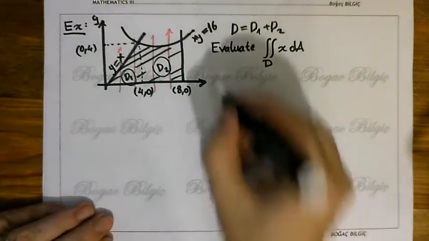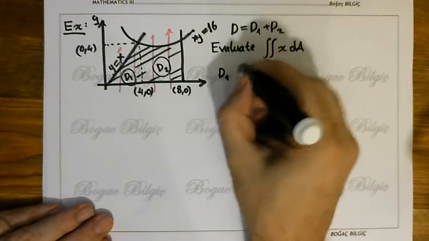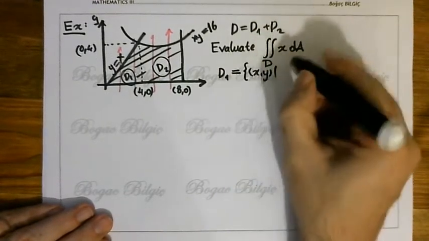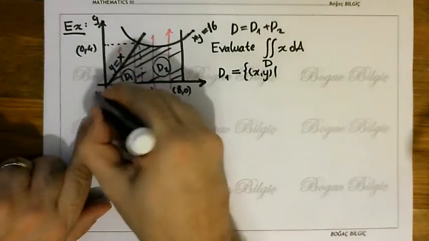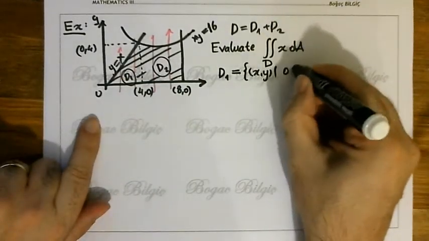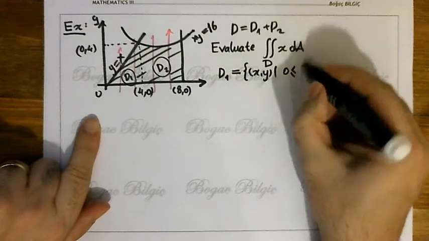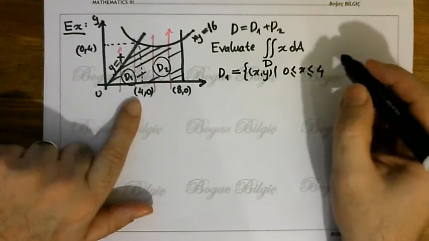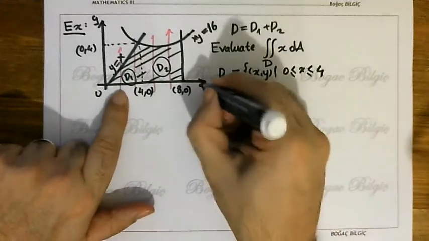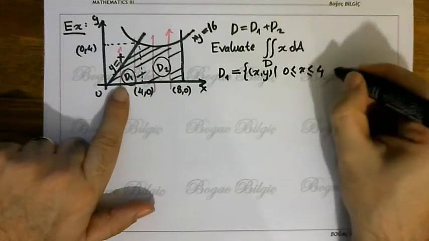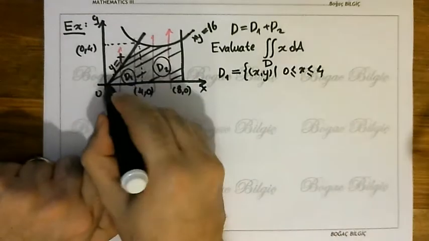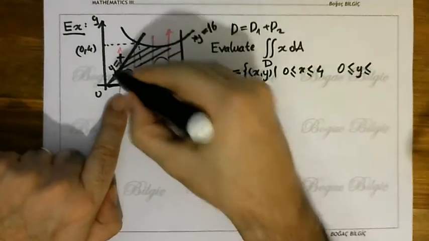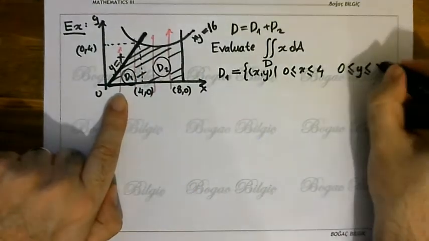D1 is the set of (x, y) such that 0 ≤ x ≤ 4, where the lower boundary of y is 0 and the upper boundary is x.